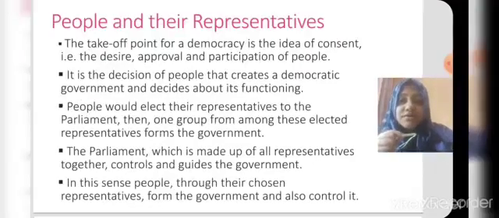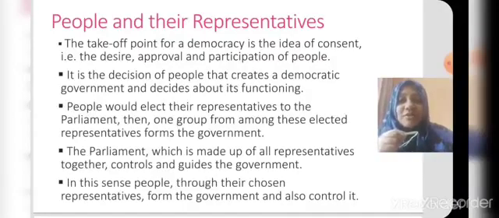Next point, who are the representatives? Who do people bring up as their representatives? Let us understand. The takeoff point for a democracy is the idea of consent, that is, the desire, approval, and participation of people.